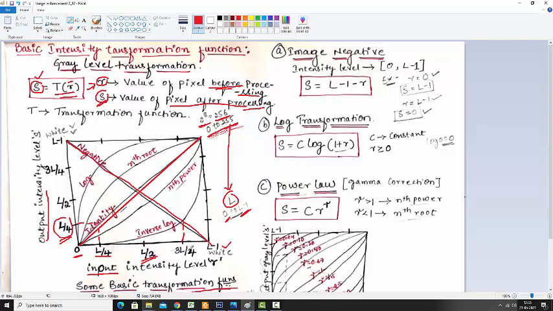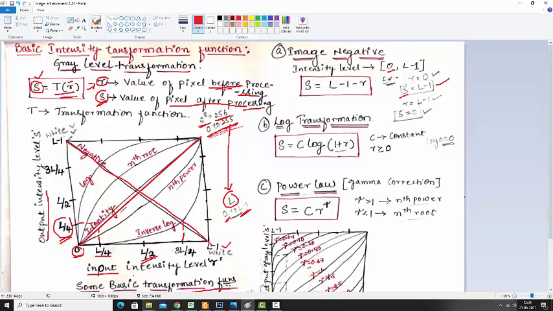That means at 3L by 4, where the white level is greater, it will become more black. Or otherwise, when the R value is 0, the S value will become L minus 1.